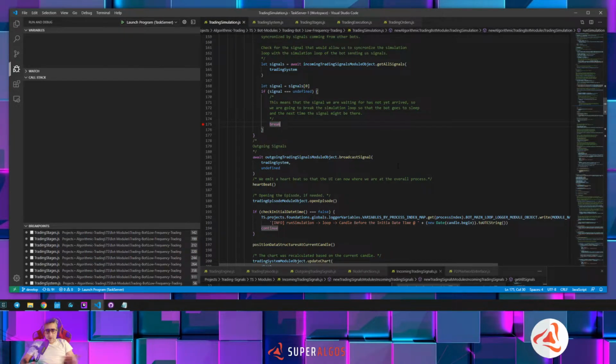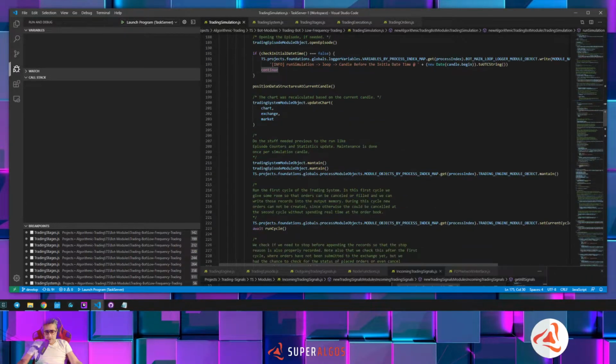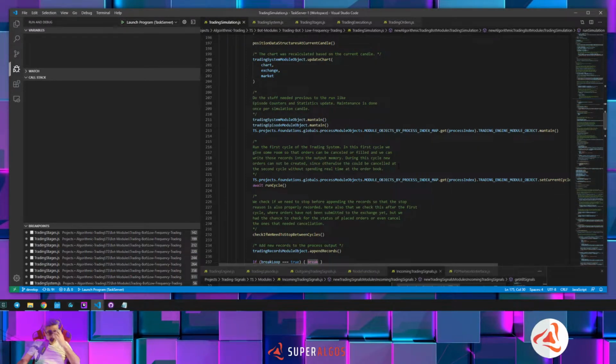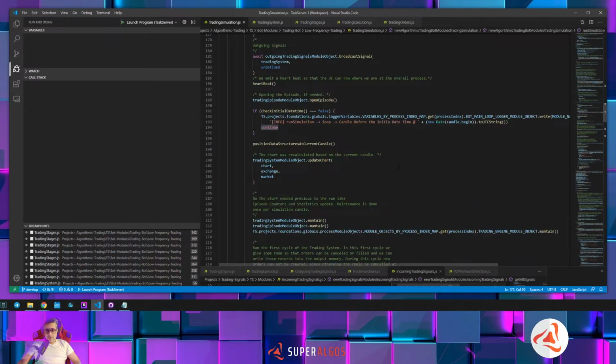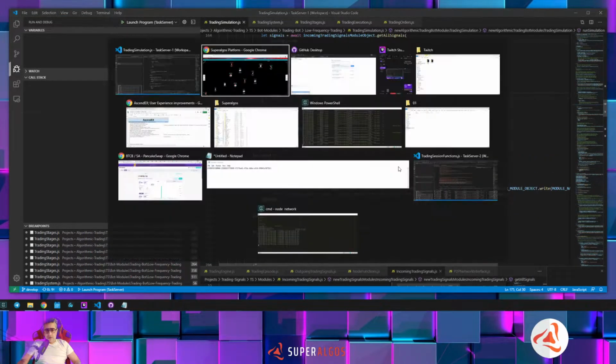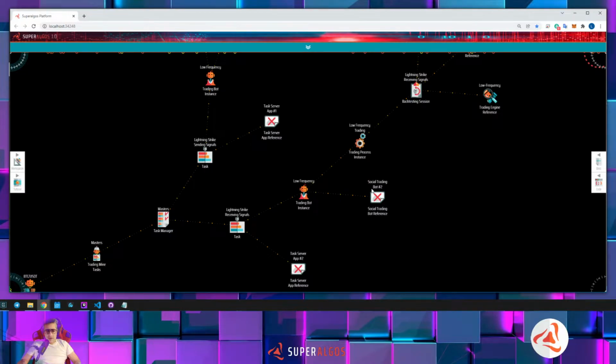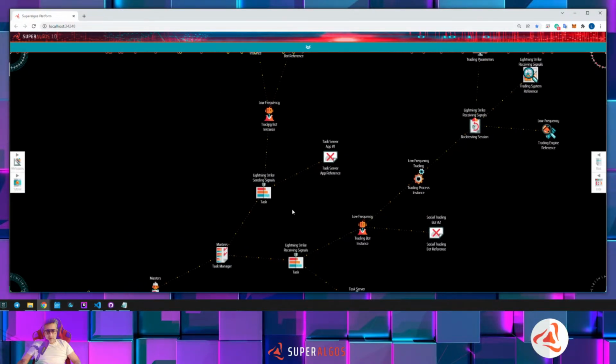Okay, I'm going to debug this because I cannot see which could be the difference. I really cannot see it. Whatever. Okay, so we are going to run this guy.